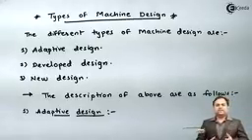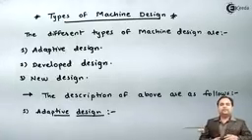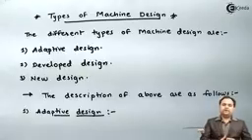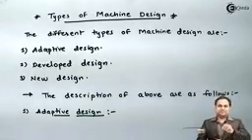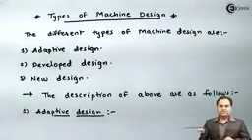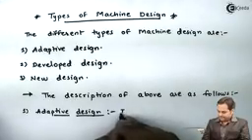In simple terms, adaptive design is not a new design, or we are not designing any product from scratch. Here some product is already there, but we have to just change it or provide some minor modifications.